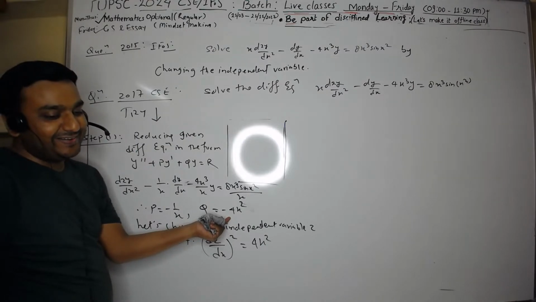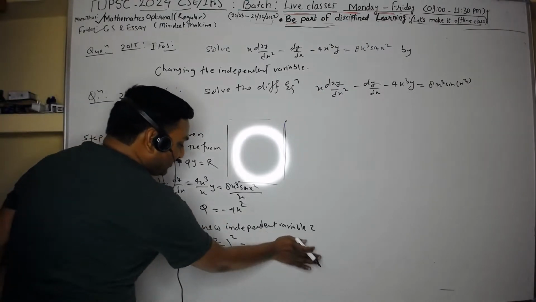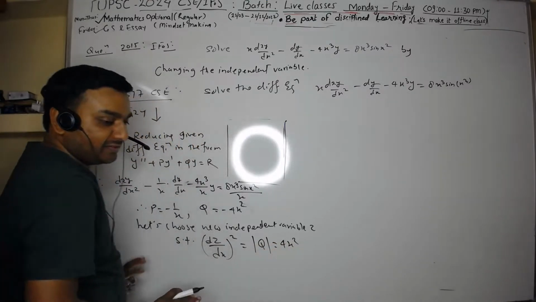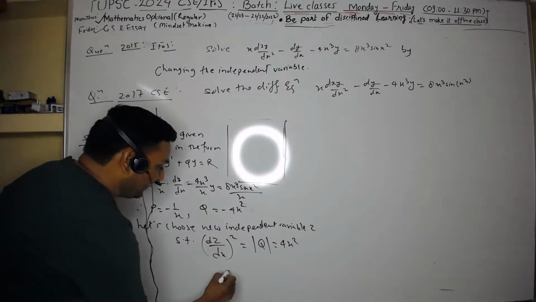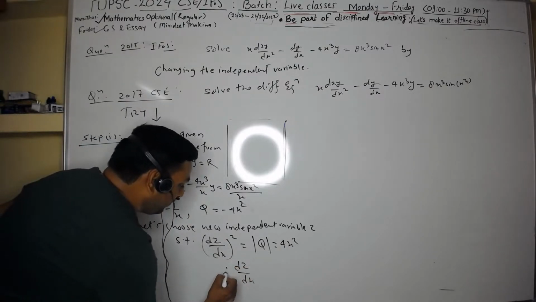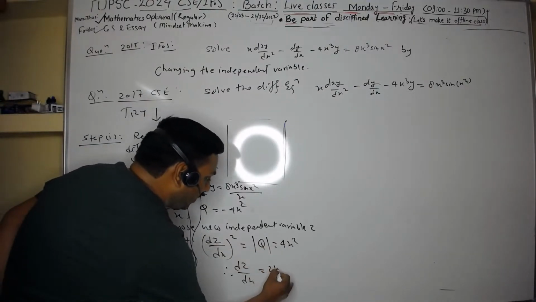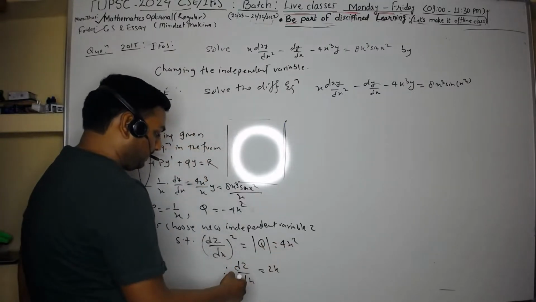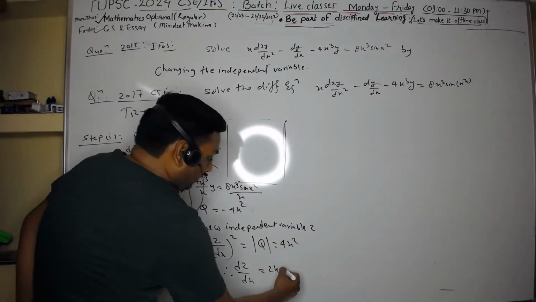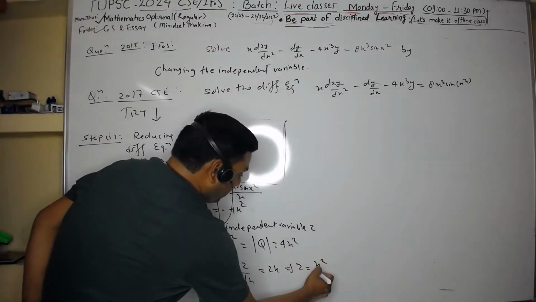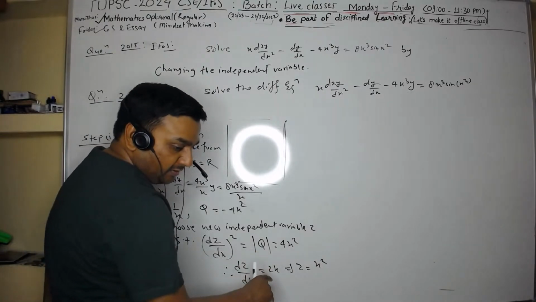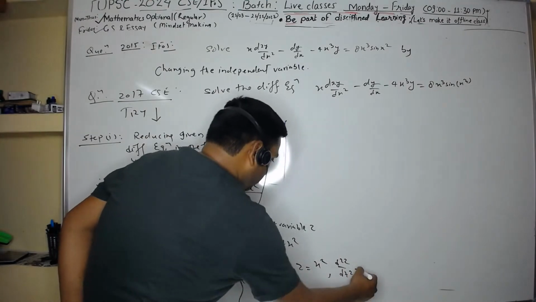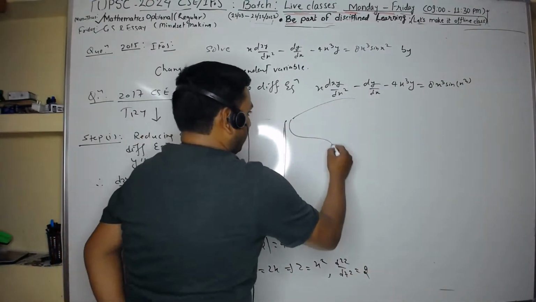Is that clear or not? अगर थोड़ा सा भी डाउट होगा देन राइट लाइक दिस. खत्म बात. तनाव ही नहीं अपने को लेना है. ठीक है. So dz over dx is what? 2x, right? So z is what? x square by 2. 2 got cancelled. d2z over dx square is what? 2. Job is done now.